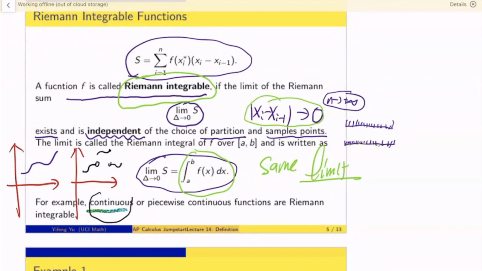As long as the function is continuous or piecewise continuous, then it's Riemann integrable. That means we can guarantee the limit exists, and it's independent of how you divide the interval and how you select those sample points.